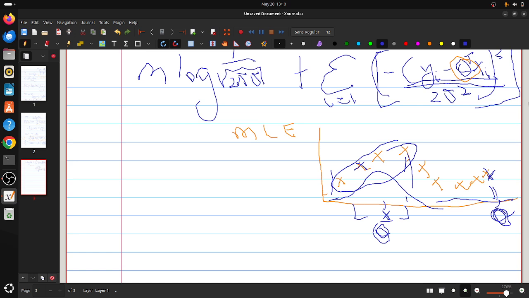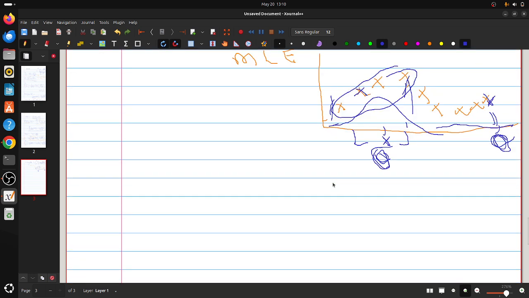That's what the statement means: we choose theta which maximizes the likelihood, the theta which is close to these values. That's the concept we are going to focus on.